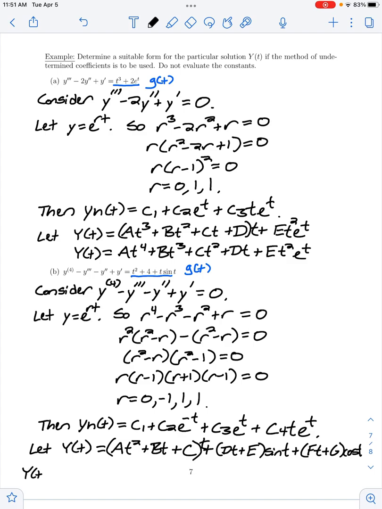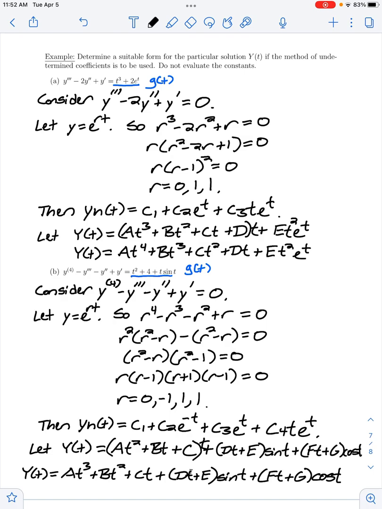And this gives us our particular solution, y of t has the form a t cubed plus b t squared plus c t plus d t plus e sine of t plus ft plus g cosine of t.